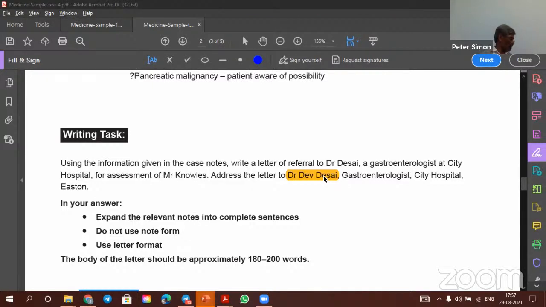So already in the address, you have informed all these things. So once already mentioned, when you talk to somebody, you'll talk in short, you will not talk in full names. So you address them by their second names, not the first name. So Dr. and Desai. Dev is first name. Desai is second name. So use Desai. Dear Dr. Desai. So that's it.